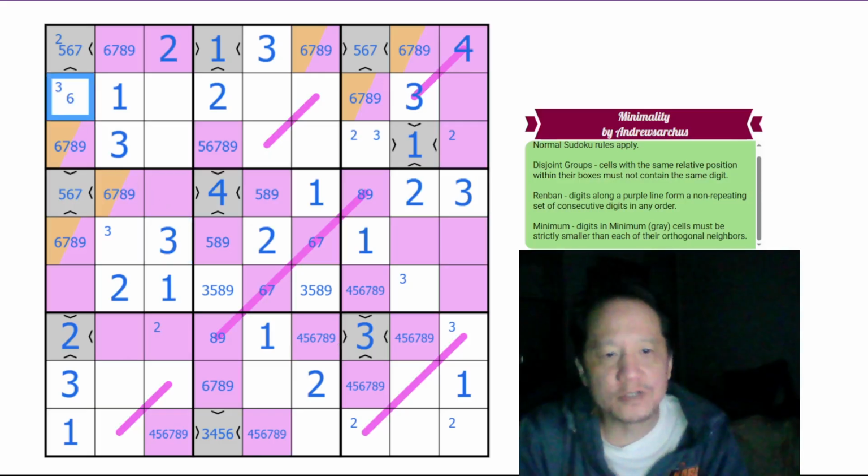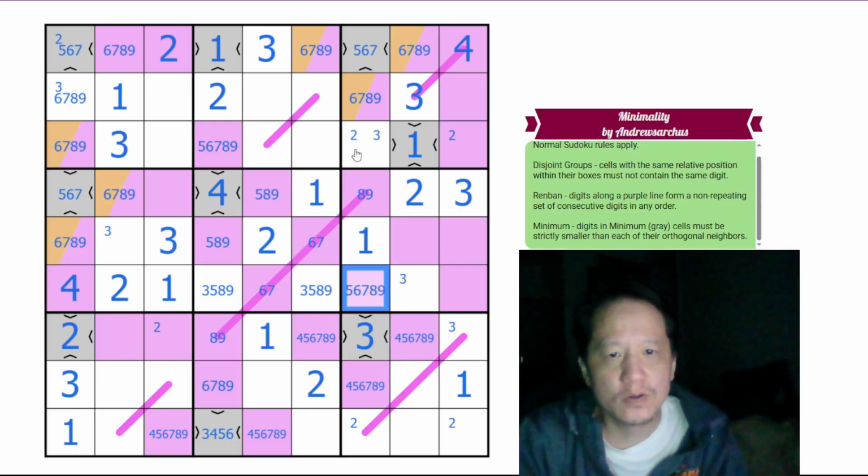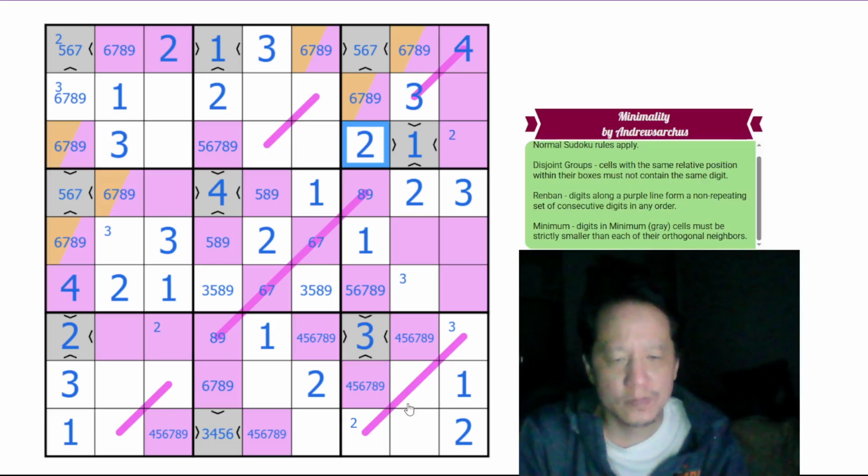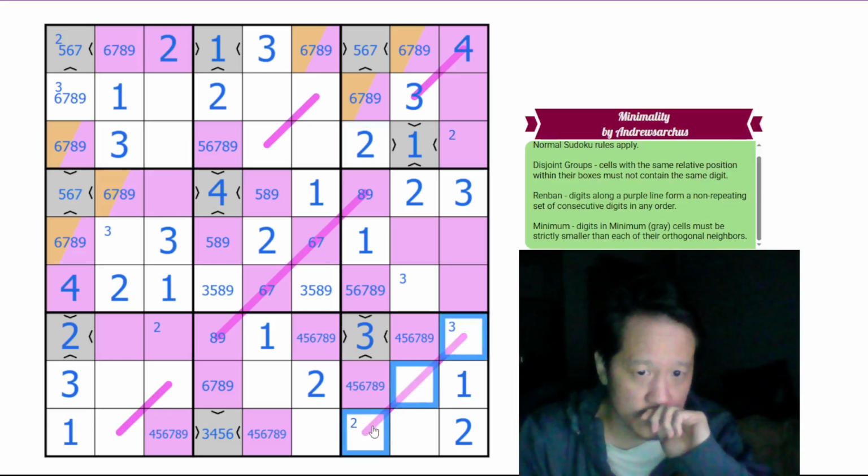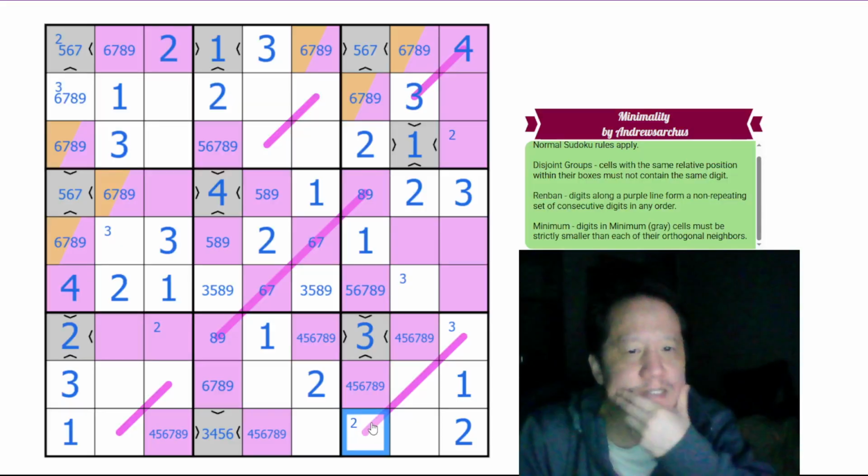This is also 6, 7, 8, 9, so this must be 4 here. This can't be 4 here. No 4 here. This is 3, so this cannot be 2 here, so that forces 2 to be there, which makes that 2. That seems fine.